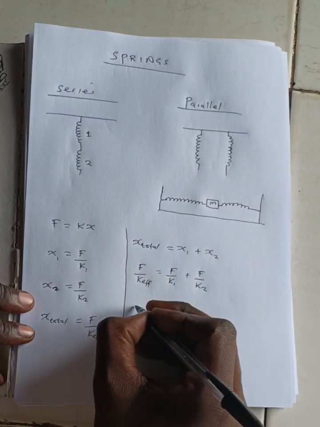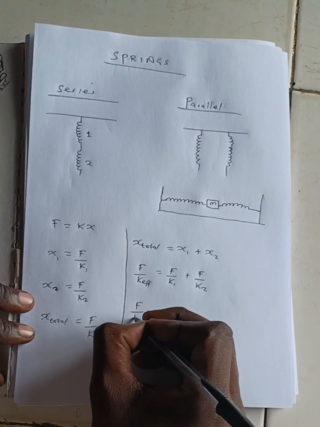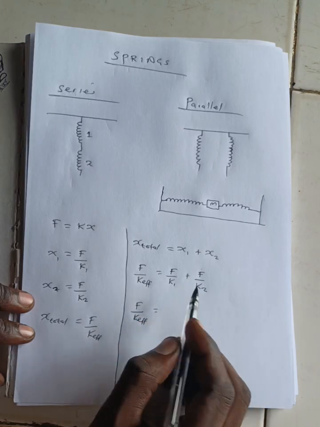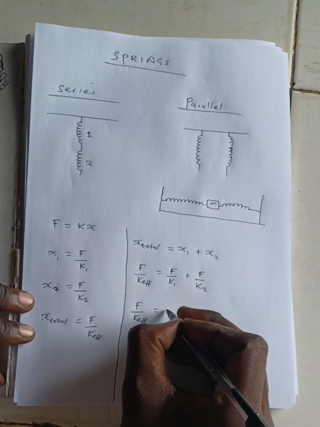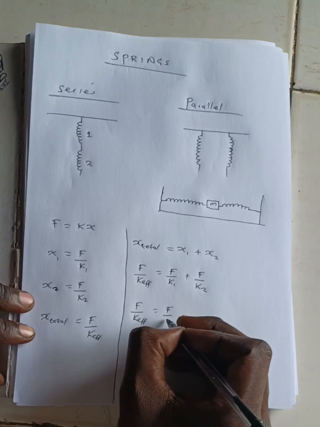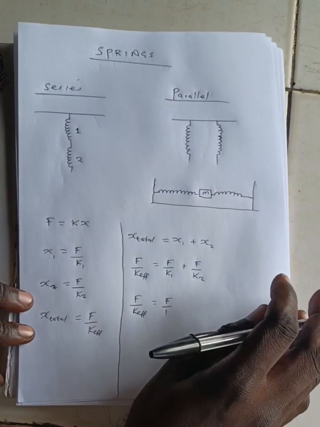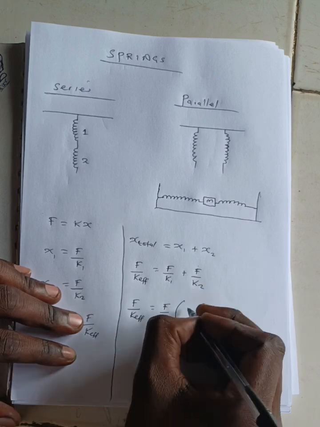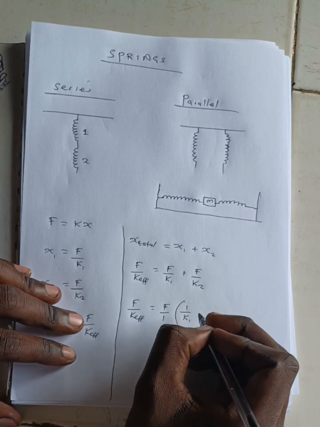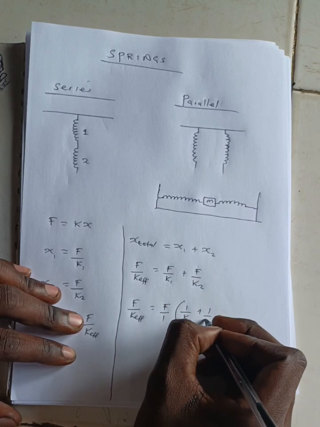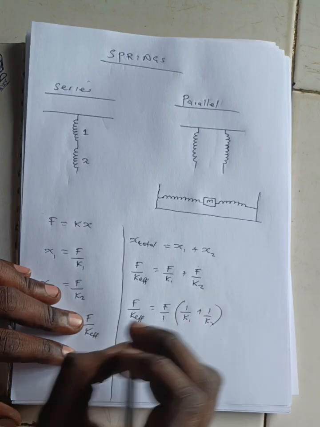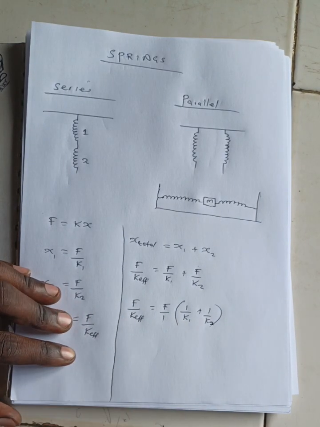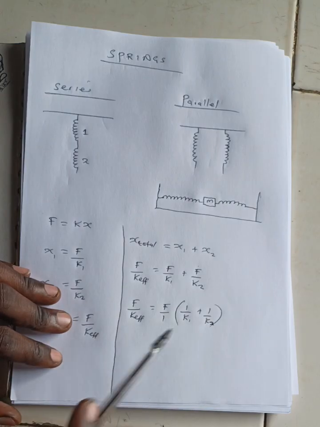So what we have is F over K effective, which is the effective spring constant, equal to F factored out, F over 1, and inside here what will remain is 1 over K1 added to 1 over K2, like that. Let's hope you are able to see that.